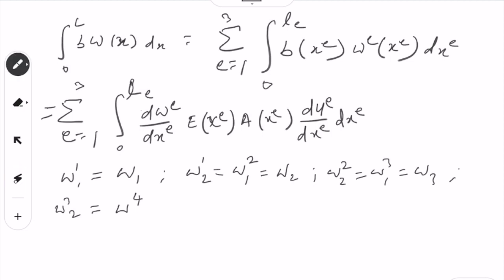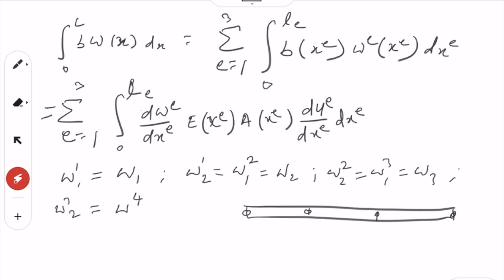This is because we had elements and we have divided like this one. So, this point, this point, this point, this point. So, the first node of the first element is W1. Basically we are saying that this is capital W1, capital W2, capital W3, capital W4, that is what we are saying.